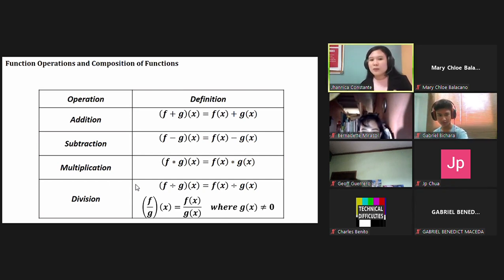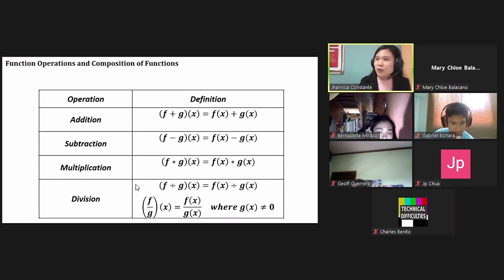For multiplying, you're going to multiply f of x times g of x. And for dividing, you have f of x divided by g of x, where g of x will not be equal to 0. So let's proceed one by one with the operations involving the two functions that we have.